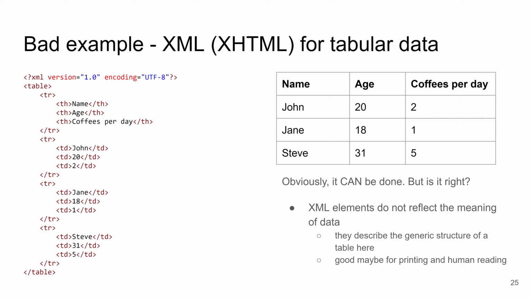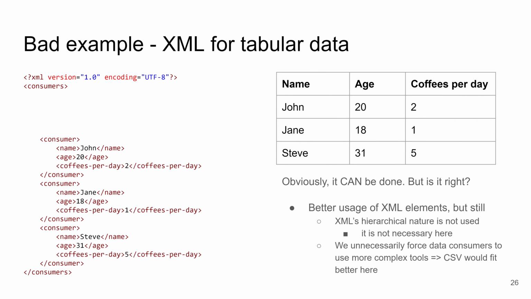So the first thing we would like to do is not to denote some syntax or data structure using the XML elements, but to actually denote the data itself. So the first step we could take is to stop naming the data as table, table row and table cell, and start naming it by the things they represent.